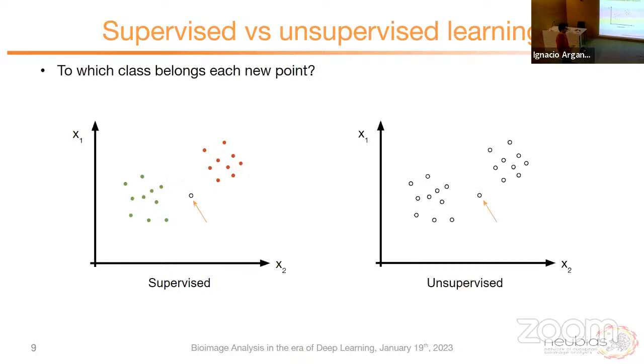But at the end of the day, the target is the same. If we get a new sample in the supervised framework, we want to assign it to one of the two classes that we know. We want to decide if this is a green cell or a red cell. Or in the unsupervised framework, we want to decide, well, maybe if it goes to this cloud of points or to this other cloud of points.